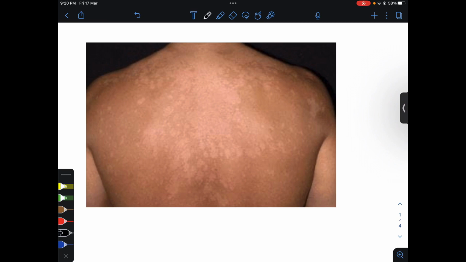In today's topic, as you can see in this image, whenever this kind of image comes in front of us, we always think that hypopigmented lesions will be seen. Here we can see so many hypopigmented lesions. By seeing hypopigmented lesions, the fungus that comes to our mind is Tinea versicolor.